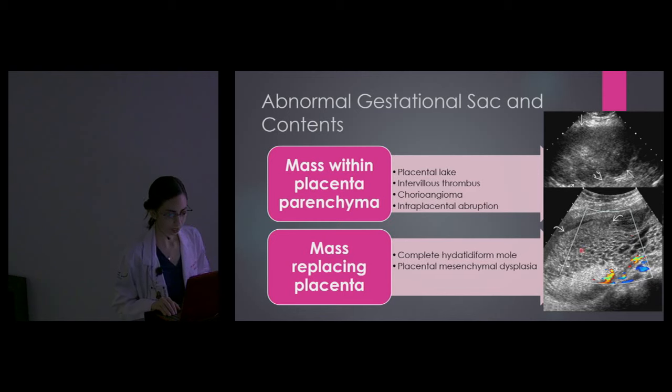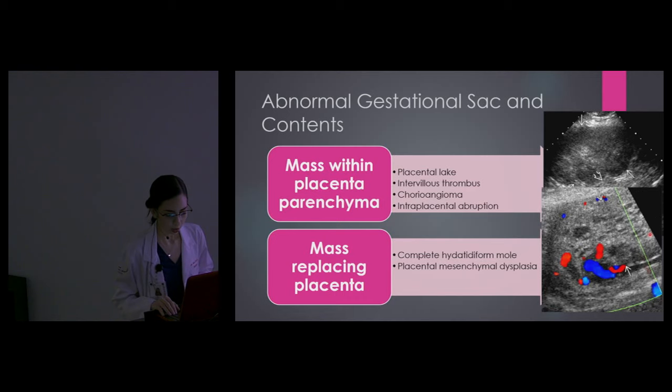And in placental mesenchymal dysplasia, we can find a placentomegaly and abnormal chorionic bleeding. In this image, we can see an enlarged placenta with multiple cysts. And in this pathology we have a secondary severe fetal growth restriction.